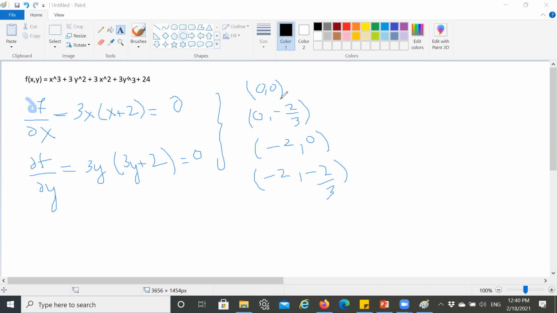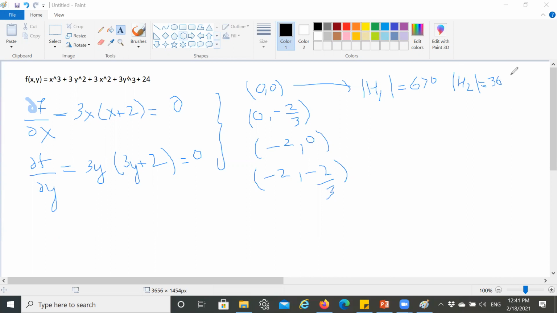Now, for each of these points, you have to find the Hessian, substitute these points and see what you get. Our friend said that if you have 0, 0, the first leading principal minor determinant would be equal to 6, which is greater than 0, and the second would be equal to 36.